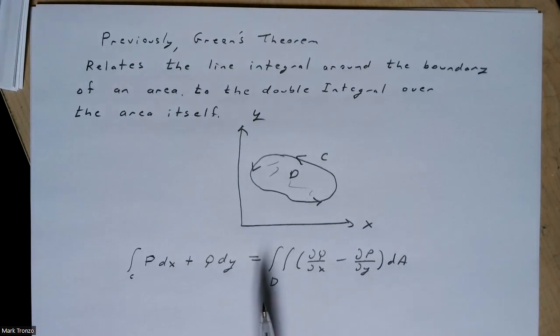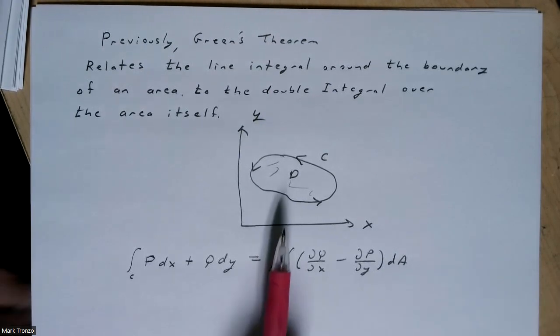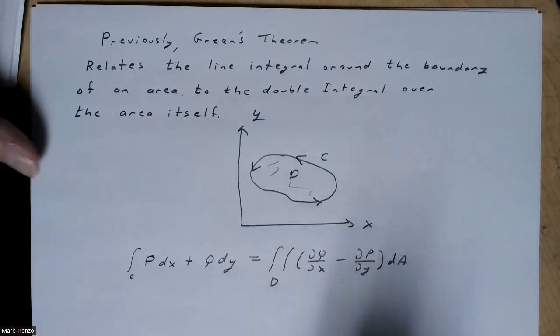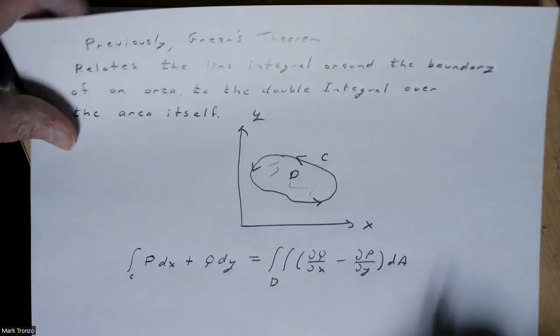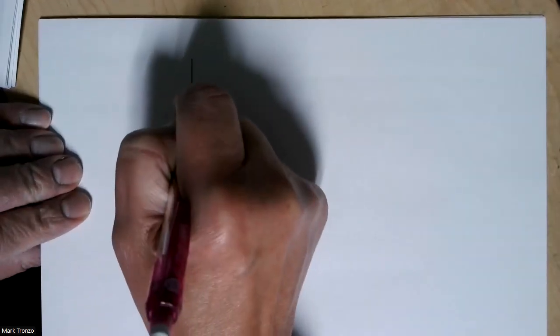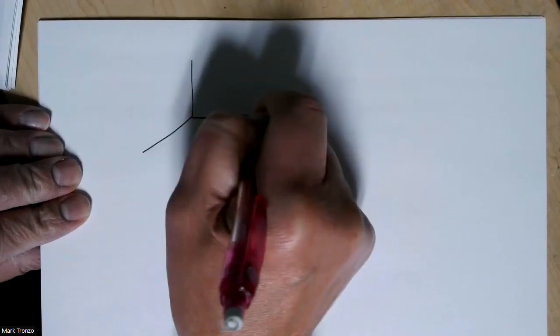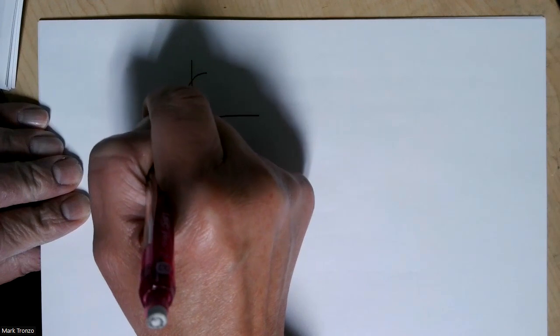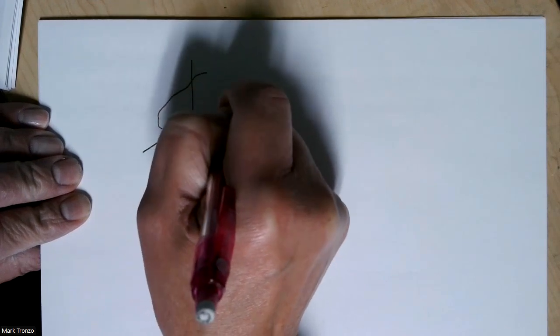Now, Stokes' theorem looks very similar to Green's theorem, except it's in 3 dimensions. And so, for example, maybe you have something like this here, and maybe you have some boundary out here in 3 dimensions.